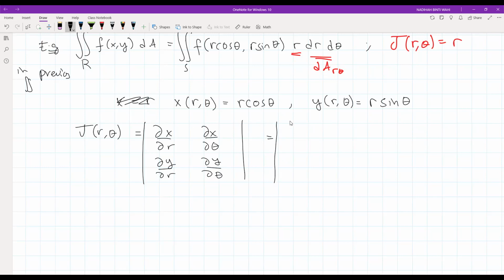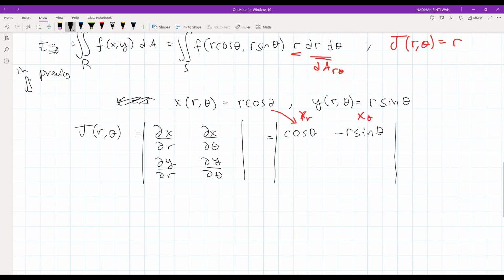X in terms of R is just cosine theta. And then R cosine theta in terms of partial derivative is just minus R sine theta. Okay, so this is partial derivatives, X in terms of R, and then this is X in terms of theta.